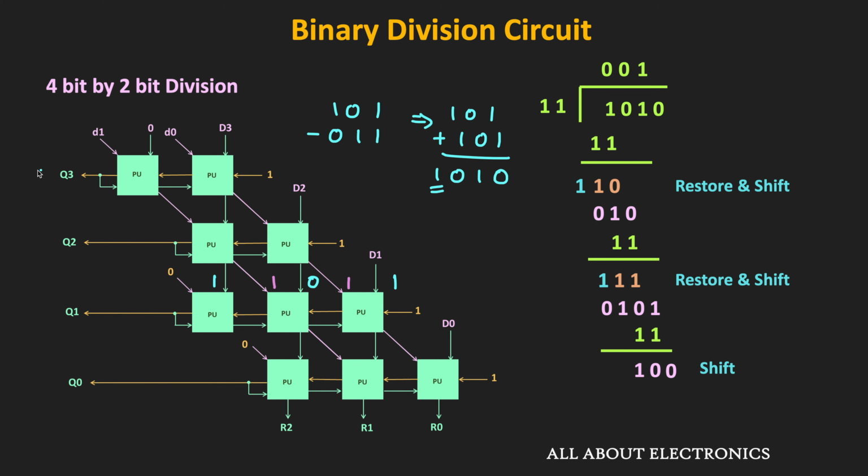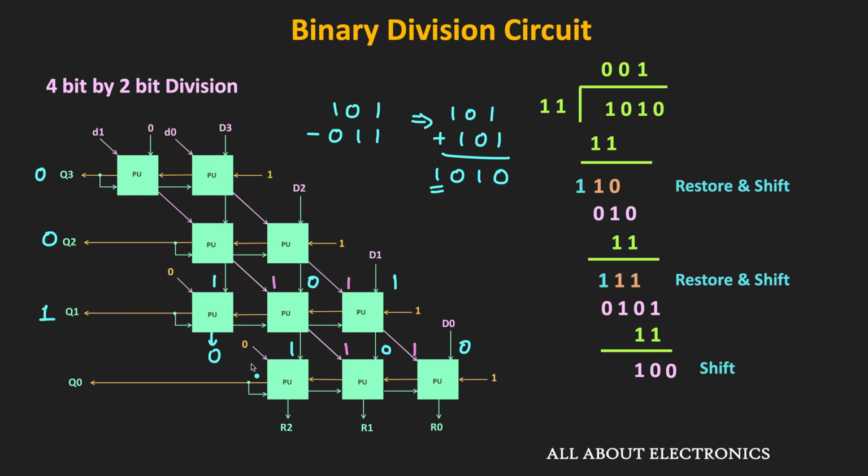That means this q1 bit will be equal to 1, and since the quotient is equal to 1, the result of this block will be equal to a minus b, that is equal to 010. So here this will be the 0, while these two outputs will be equal to 10, and as you know, the small d1 and d0 are equal to 11, and now this d0 bit is equal to 0.